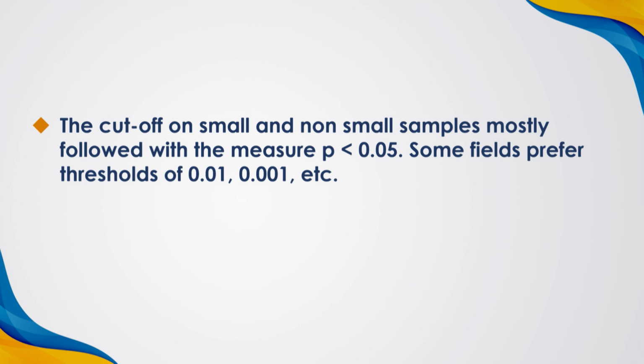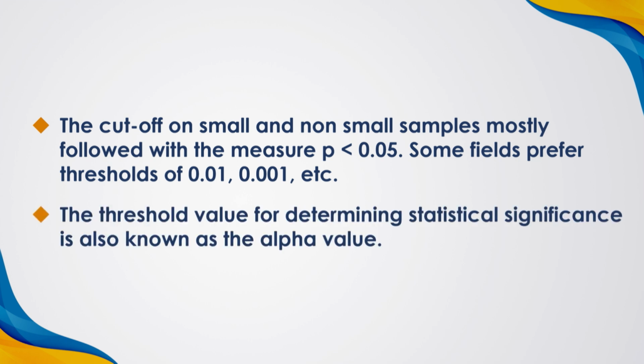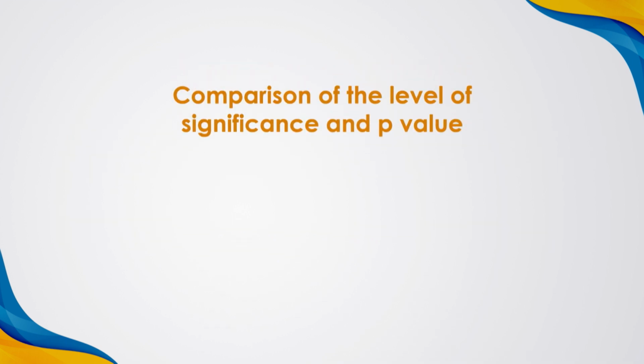The cutoff for small and non-small samples is mostly followed with the measure p less than 0.05. Some fields prefer thresholds of 0.01 and 0.001 also. The threshold value for determining statistical significance is also known as the alpha value.